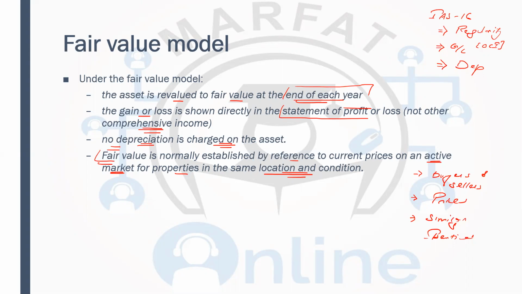The one which is on the corner usually has more value than the others. So there are many factors in which the value becomes different from even the rest of the houses in the lane. So for properties in the same location and condition, it is not the value derived by the entity itself, it should be from the active market.